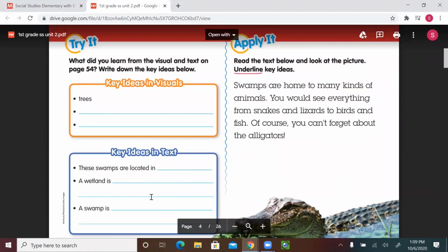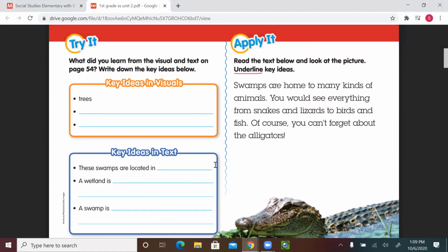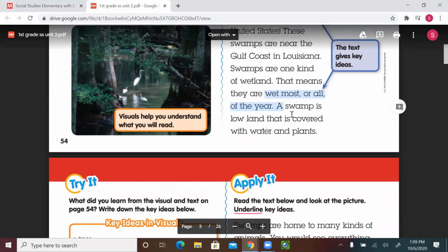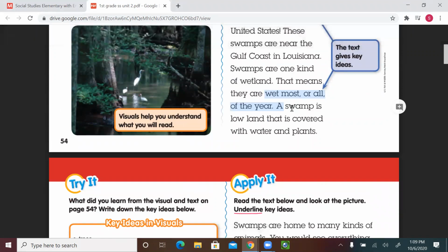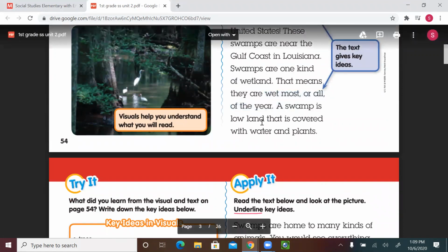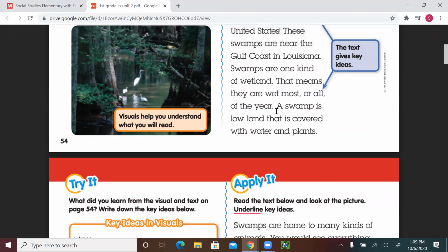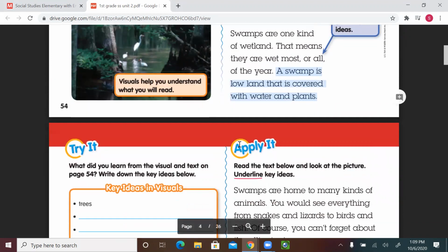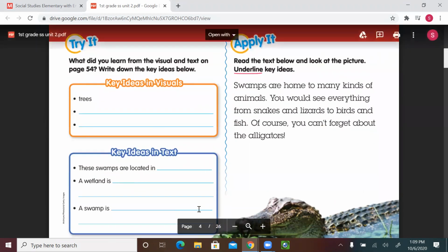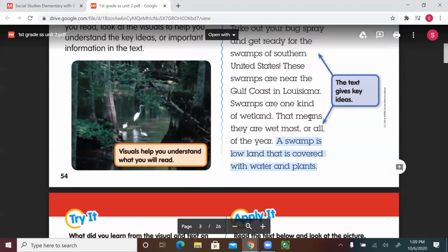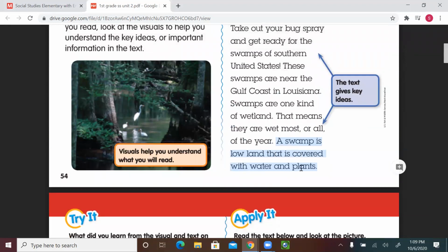Wetland is, and you have 2 lines to write this. How about the swamp? What do we say a swamp is? Right away, it says here, a swamp is a lowland that is covered with water and plants. This is your answer for the 3rd part in your blue box. Key ideas in text, you're going to write here, a swamp is, and then right away, a lowland that is covered with water and plants.